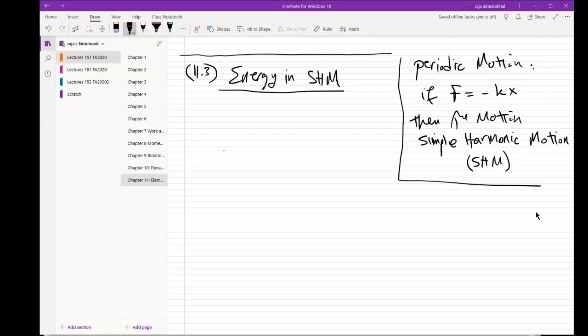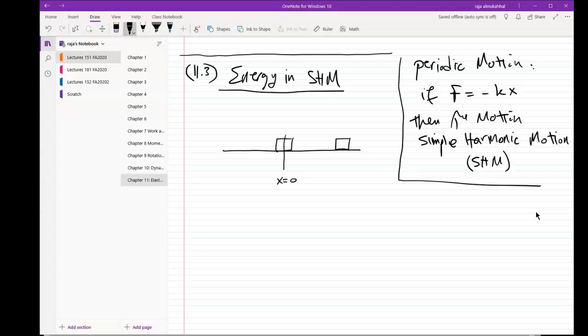So here is the floor, or maybe an air track or something like that. Here is the mass. Again, it is at the equilibrium position. And let's say it's oscillating to and fro. Again, there is a spring there, but we're going to make the spring invisible. Okay, but we are concerned here with the motion itself.